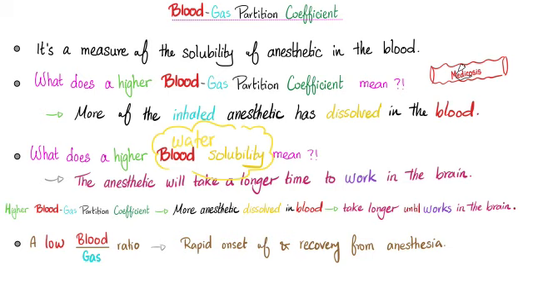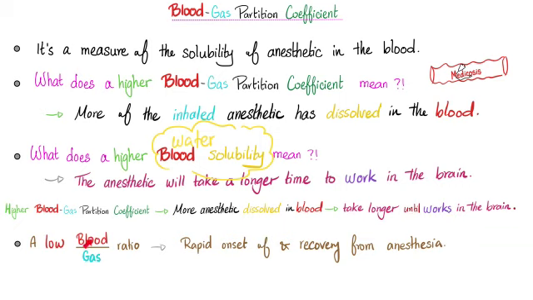There are only trade-offs. If you are more thin, you are less obese, and vice versa. Two sides of the same coin. Here's a glorious sentence. The higher the blood gas partition coefficient, the more soluble the anesthetic in the blood, which means it will take longer for it to reach and work in the brain.